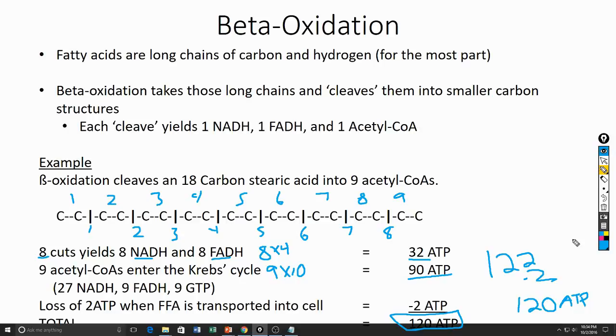This is why in high-intensity work, you're never going to burn fat. You just can't break it down fast enough. You can't get it out of your adipose cells, get it into the bloodstream, get it across membranes, do beta oxidation, do Krebs cycle, do electron transport system.